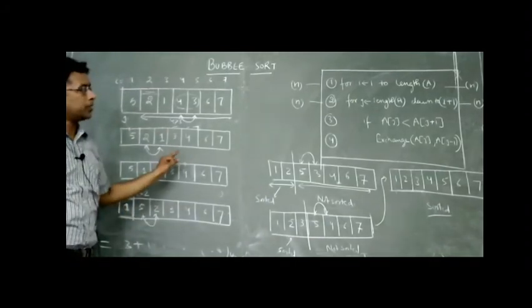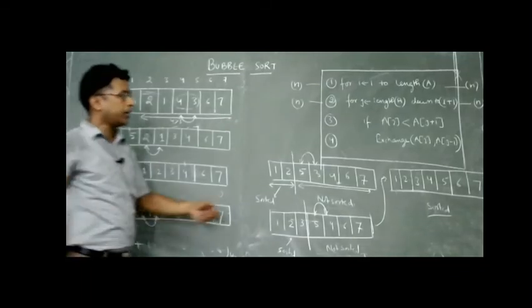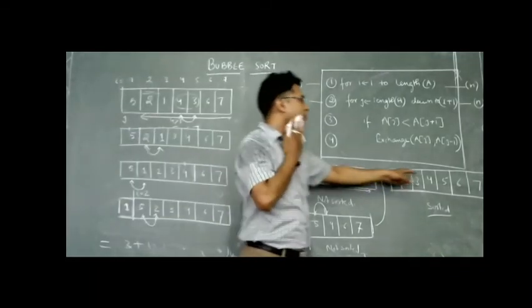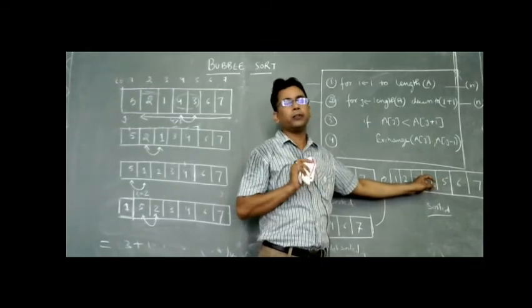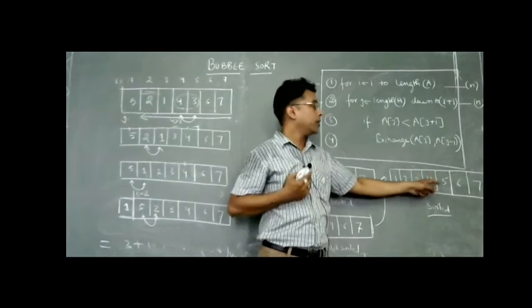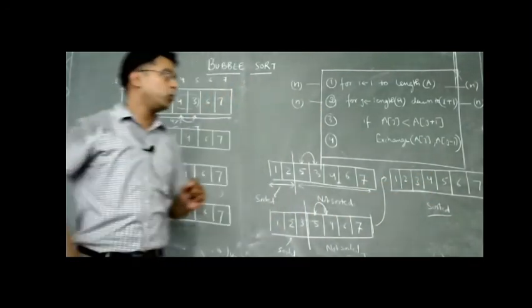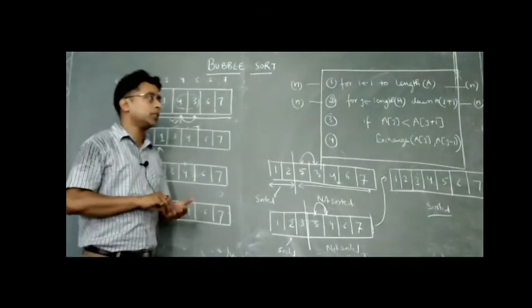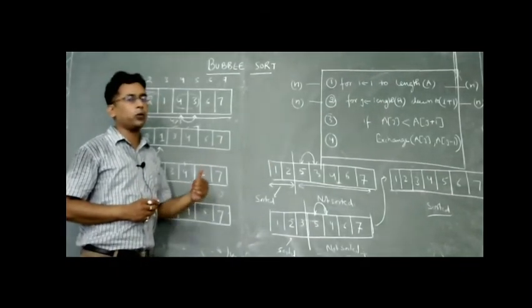But in the best case, if elements are already sorted, it will take O(n). Like in the last, when the elements were already arranged, we need not perform any exchange operation or swapping. In that case, we need only O(n) number of operations. So in the average case, it takes O(n) square time, but in the best case, it takes O(n) time.